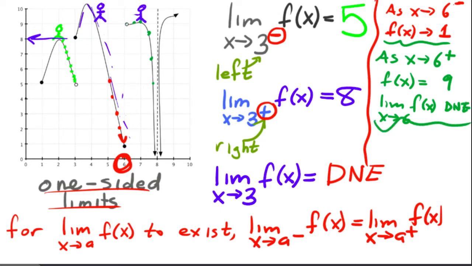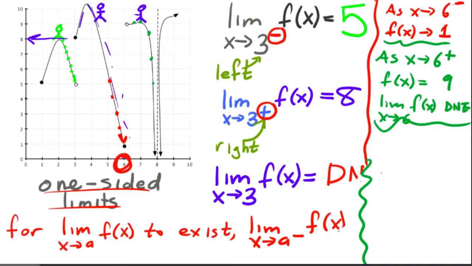Okay, and then let's take a look at the other place where we've got some funny business. Let me erase a little bit of this stuff. If you take a look at the limit as x approaches 8 from the left, you'll notice that as you get closer and closer to 8, it keeps going down without stopping.